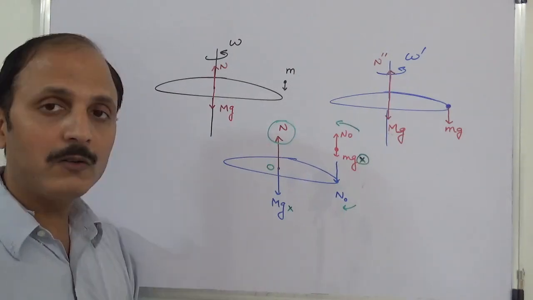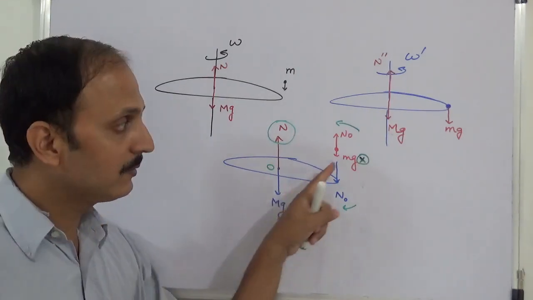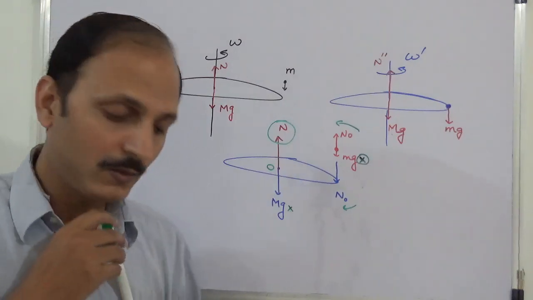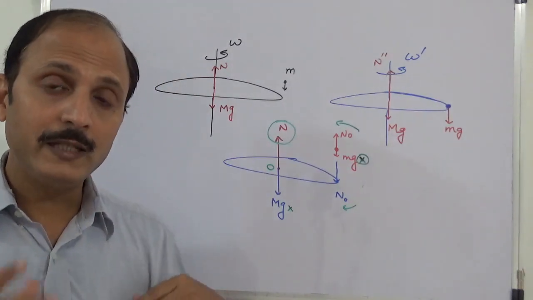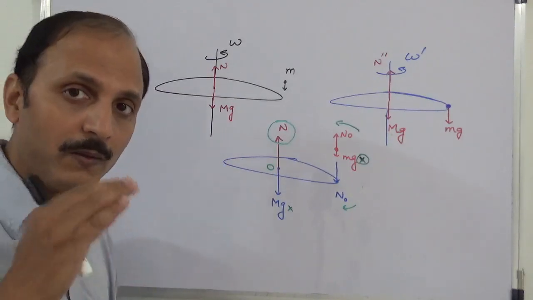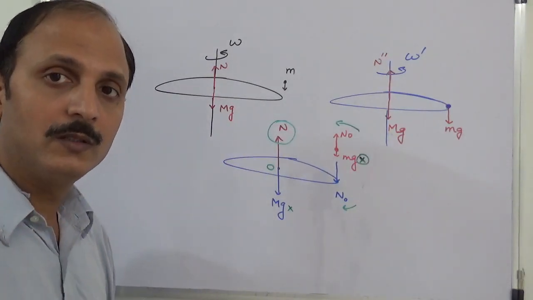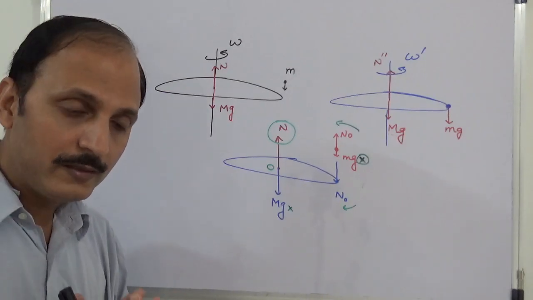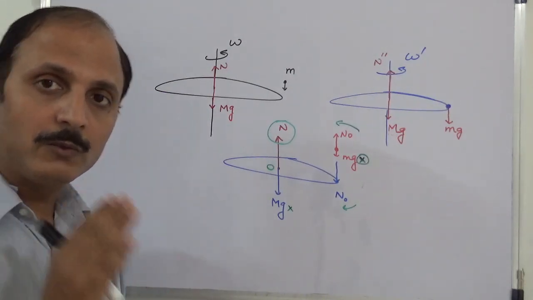So net torque about O is 0 after neglecting small mg, which we can neglect because it's a collision, so we neglect the small forces. So torque about O before and after collision is 0, and torque about O being 0 means angular momentum is conserved.